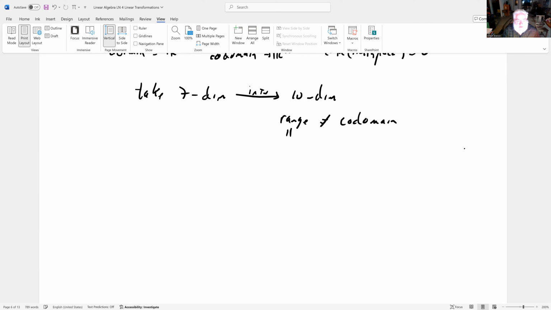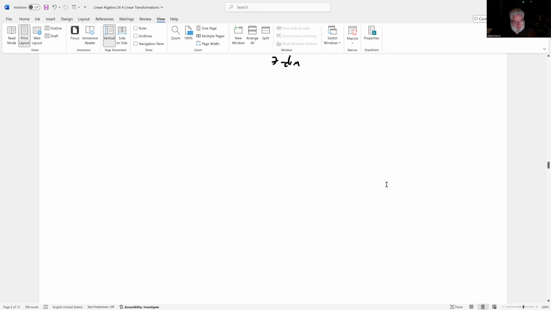But the range is actually 7-dimensional. So we don't actually lose any vectors, any dimensions. We just take our 7 dimensions and push them into 10 dimensions. And none of our 7 dimensions collapse into a null space. And so we just have 7 dimensions covered out of the 10 that we have available. And that's about all that happens there.